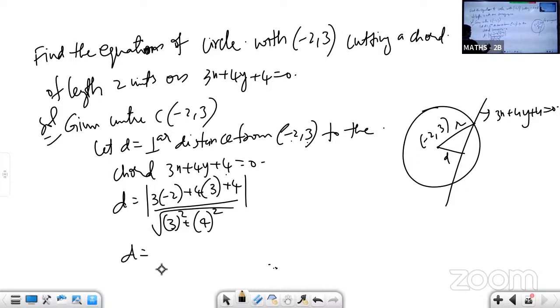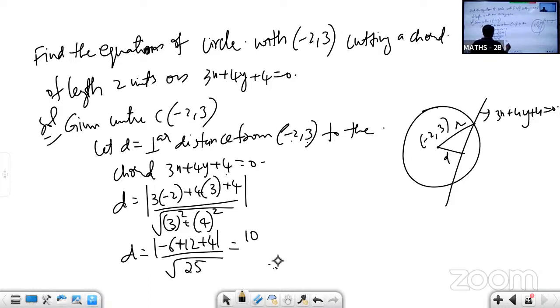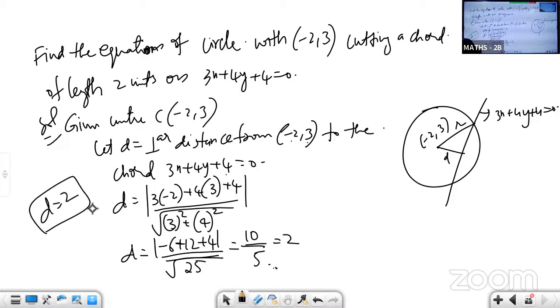Means D equals minus 6 plus 12 plus 4 by under root 25. 12 plus 4 is 16, 16 minus 6 is 10, by 5, which is 2. See, I got the D value as 2.